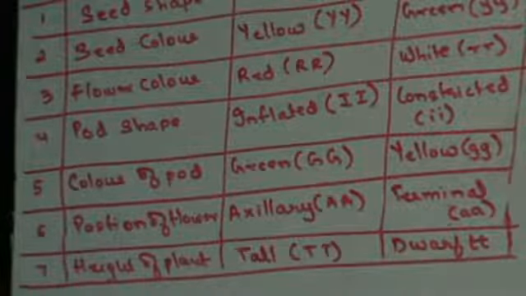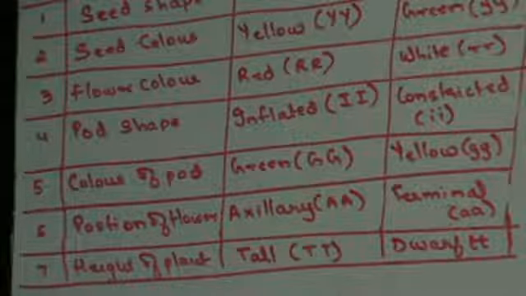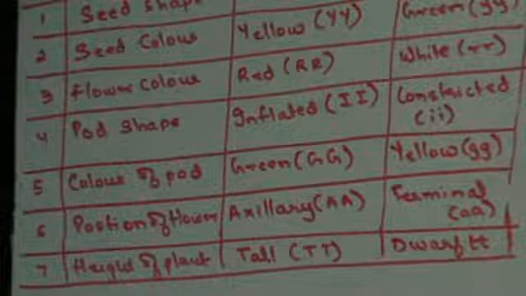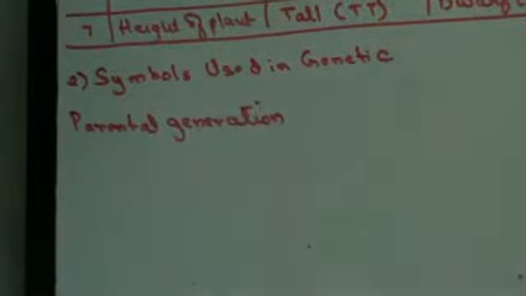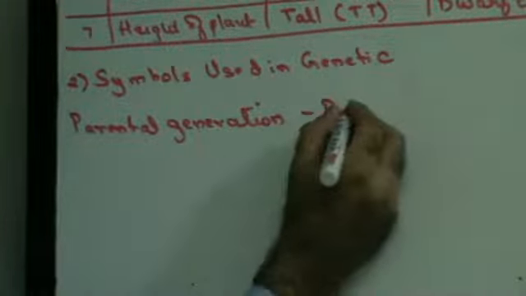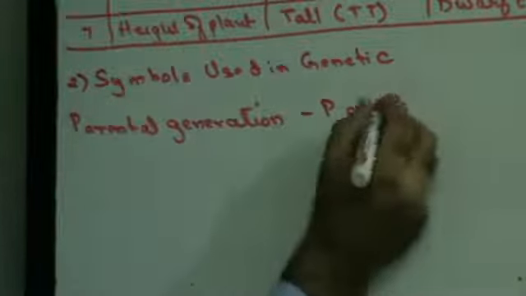Now, what are the symbols used in genetics? Parental generation is represented as P, or P1.